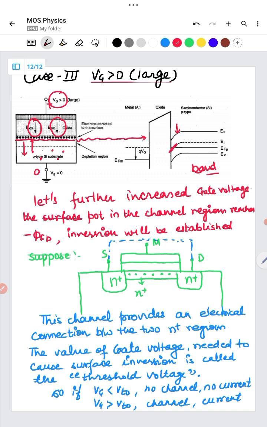This surface potential in the channel region reaches minus phi F P. So here you have minus phi F P.